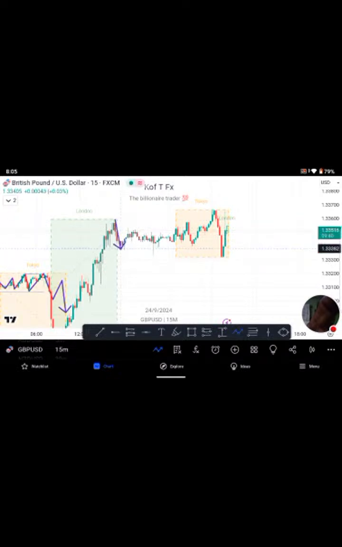Price came down, then went up. This is where it actually took out that IDM, but I'm still going to consider the internal structure to explain some things.